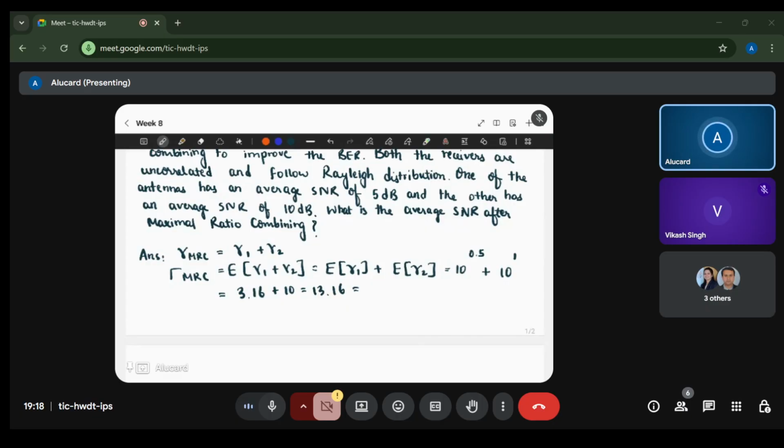And if you want the answer in dB, you have to take log to the base 10 of that and then multiply by 10. It will be 11.2 dB.